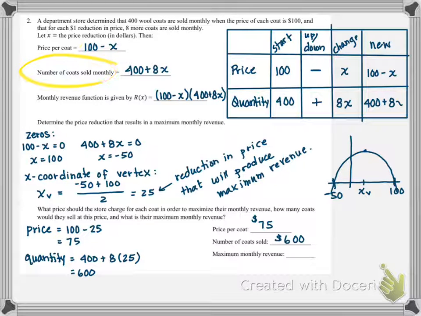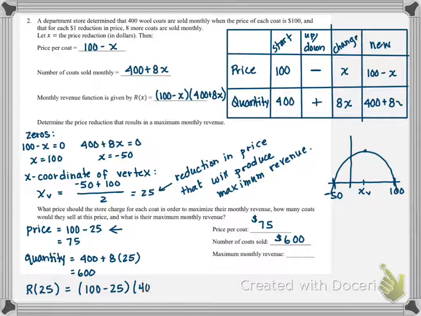And then there's a couple of ways to find the revenue. Any ideas? Price times quantity. Yeah. So the revenue is just the price times the quantity, and we already found a price and a quantity, right? So we could just multiply them to get the revenue. We could also evaluate our function for 25. But notice that gives us the same thing, right? Like 100 minus 25 is exactly how we got that 75.